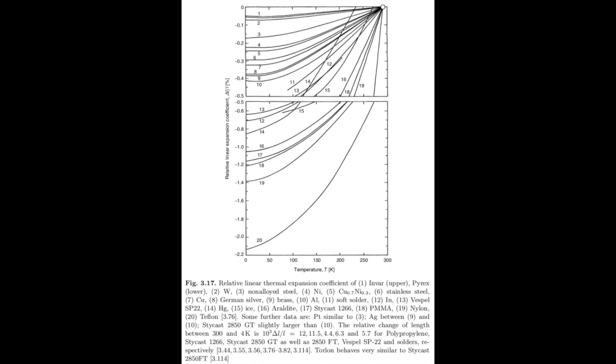That's as you expect. And then you can see at the top, certain materials like, in particular, glass and Pyrex, tungsten, steel, stainless steel, have very small coefficients of thermal expansion. So there are some very interesting ones. Number one is actually both Invar and Pyrex.